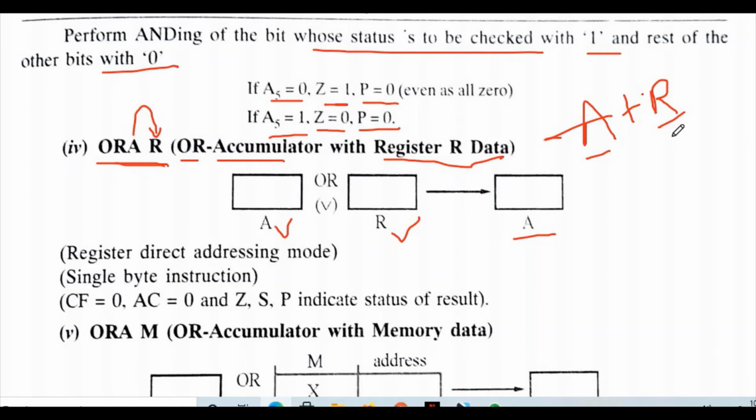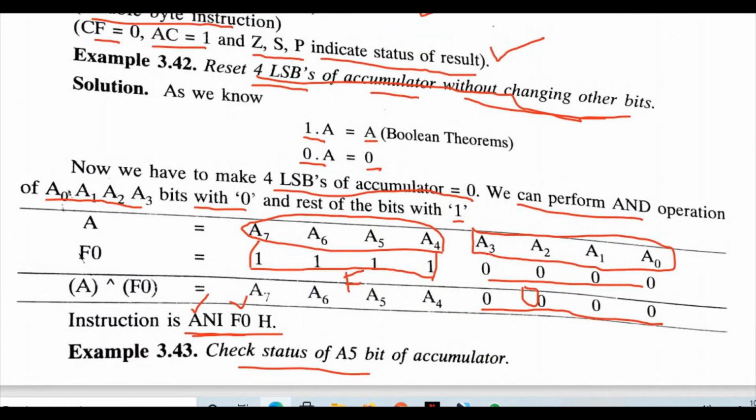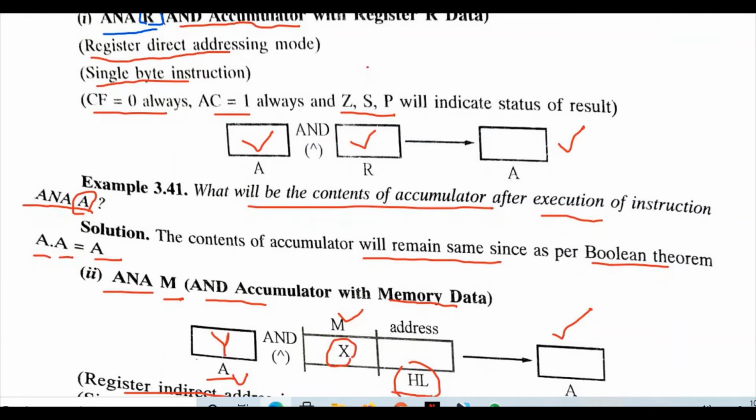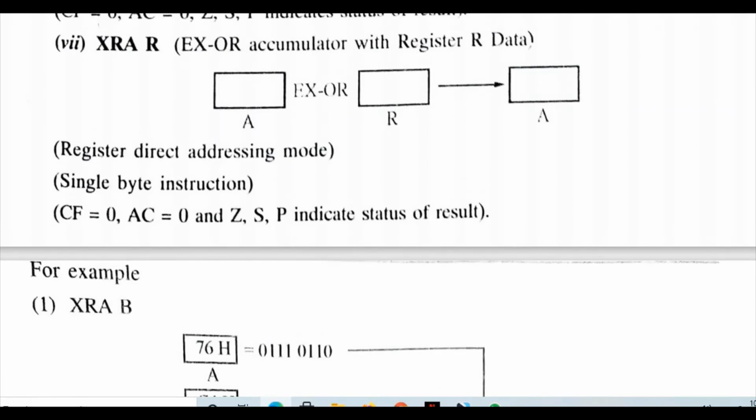Next instruction is ORA M. Similar to the previous instruction of ANDing, as we have discussed in ANA M, in this instruction also the microprocessor will take the first contents from the accumulator and the second contents from the memory.